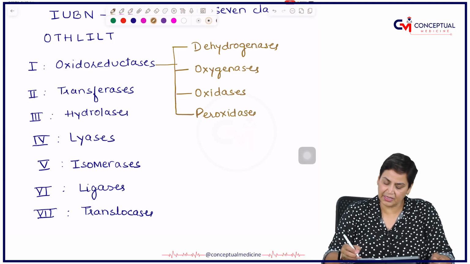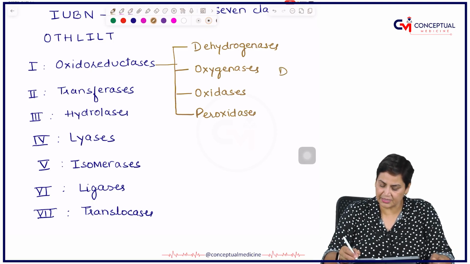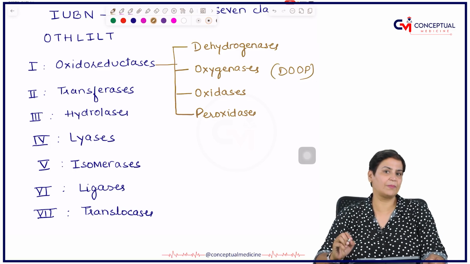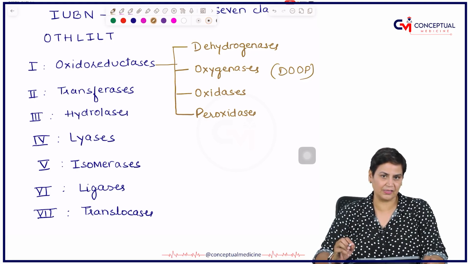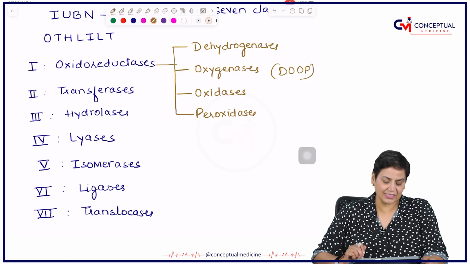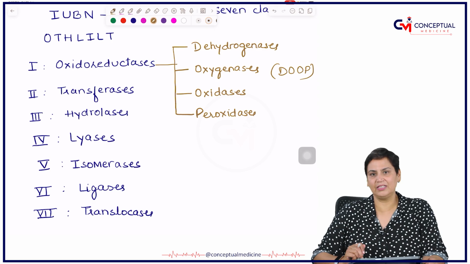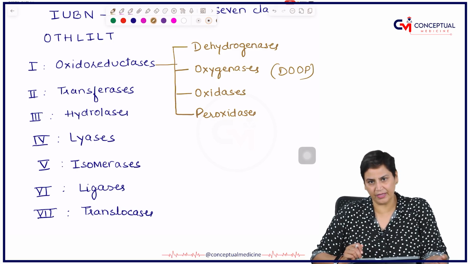Or to remember this mnemonic, you can just remember as DOOP. So these are the 4 subclasses of the class oxidoreductases, which is actually first class. Now we are going to discuss each and every class one by one with examples, because again this is very important to understand that enzymes are the backbone of biochemistry.